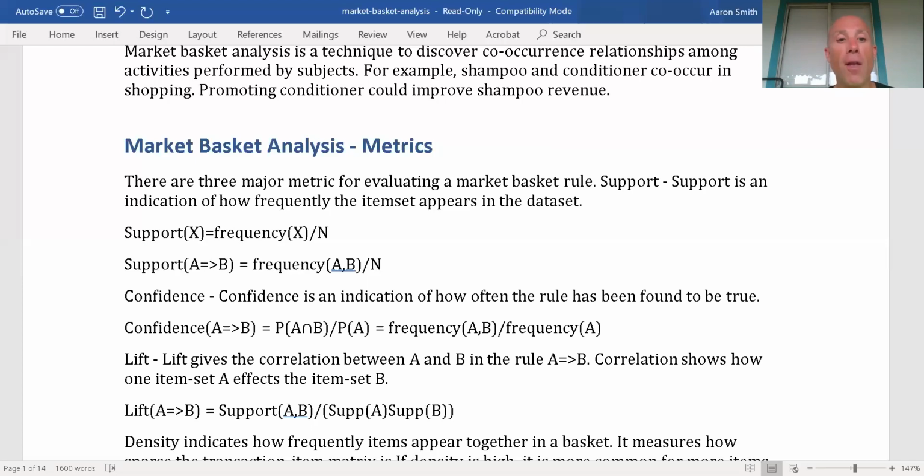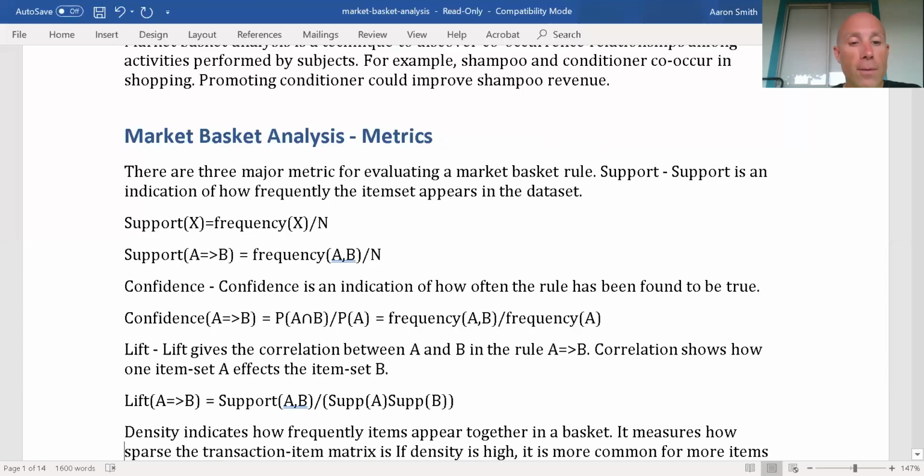A lot of times when we have few observation frequencies, it can look like we have a high lift when really we don't, or it's not really that significant. So we always need to consider the count whenever we do market basket analysis. I find that the best way to proceed is to look at the high count item sets first, and then find the ones that have better support, confidence, and lift.